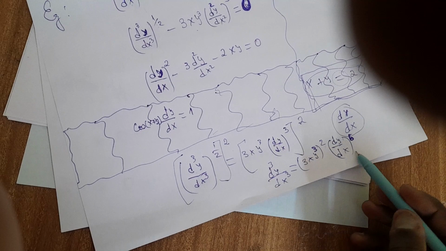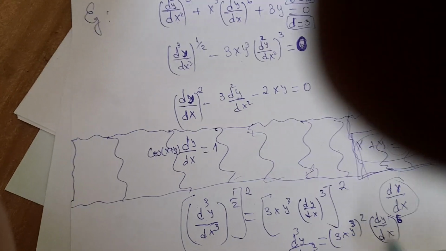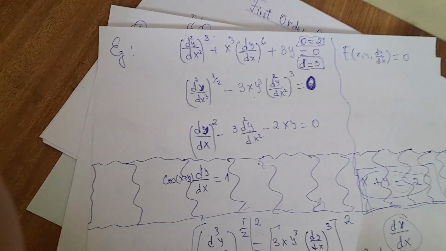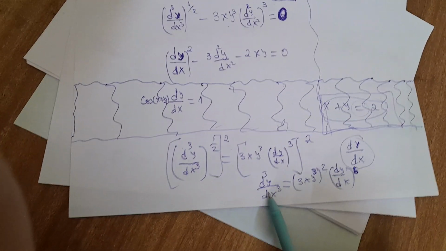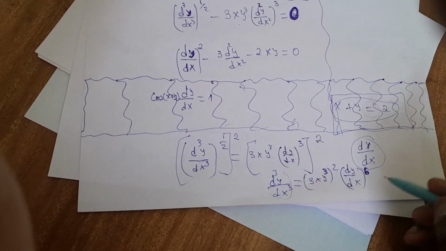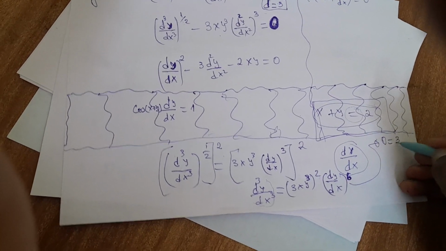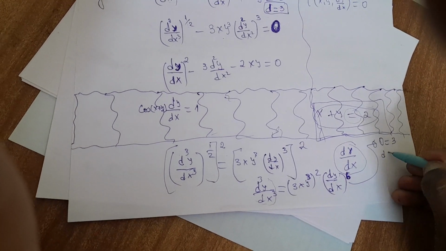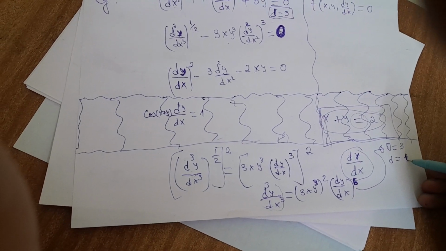As you can see, now in this equation, what is the highest derivative present? The highest derivative present in this equation is this one. So here I can say the order is 3, but the degree of this equation is only 1.